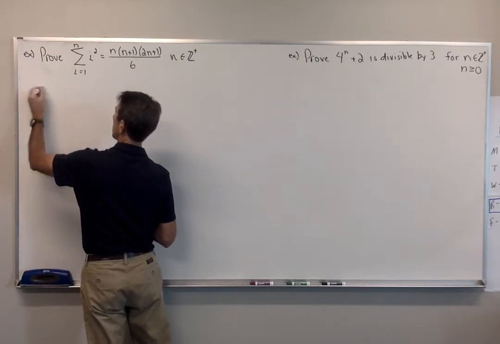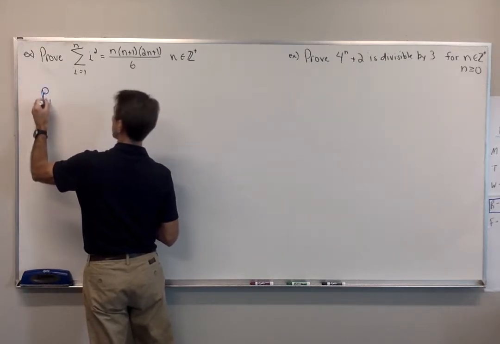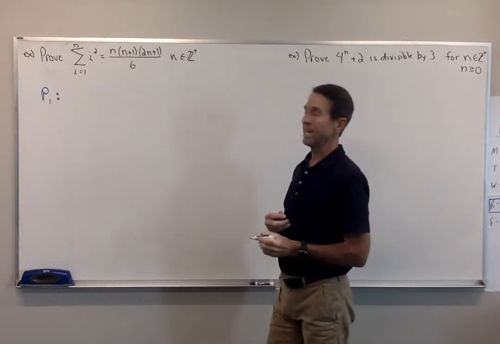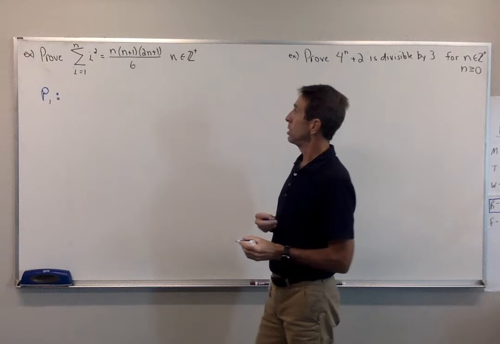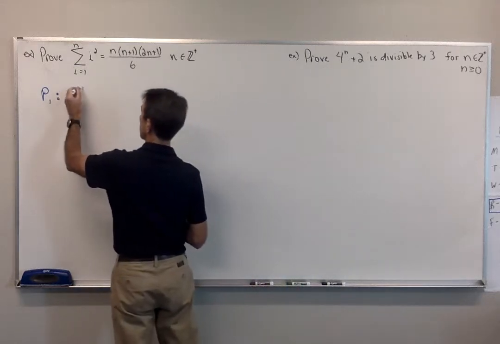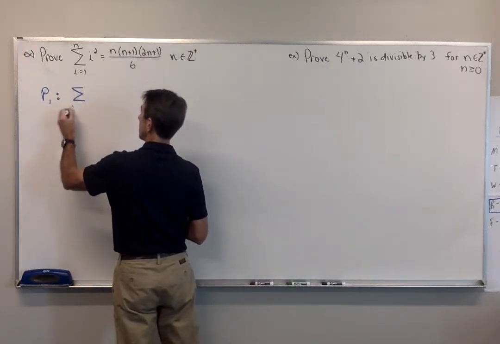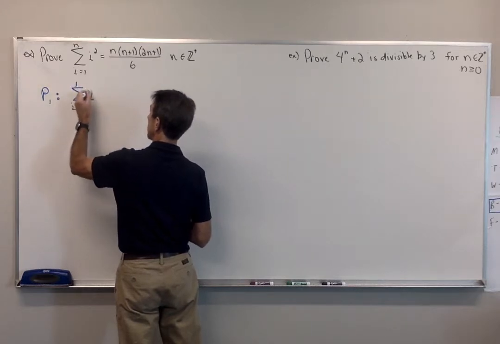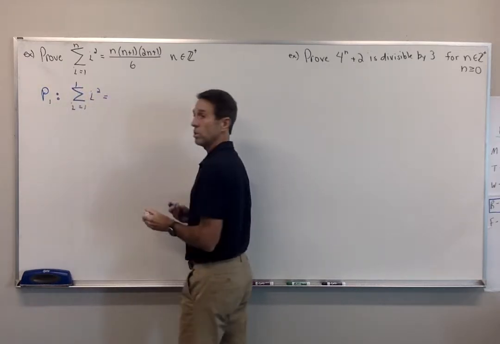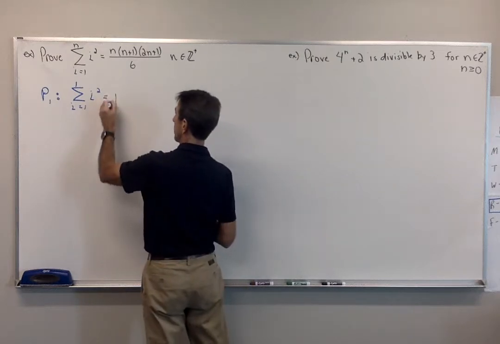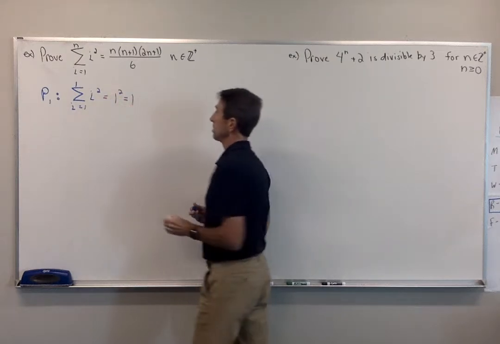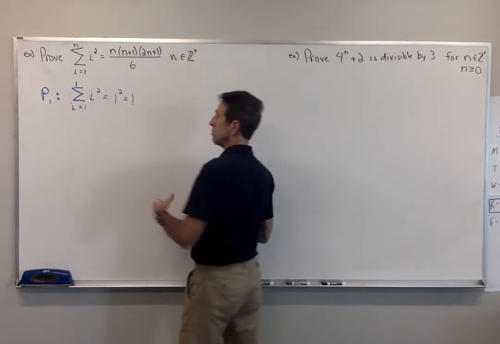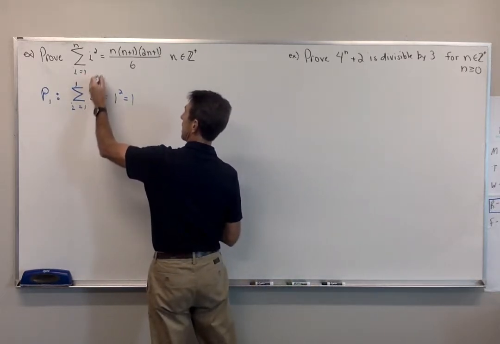So to start the principle of mathematical induction, I'm going to call it P sub 1. In other words, I'm going to let n be 1. When we do that, we consider the sum from 1 to 1 of i squared. Of course, that's going to be 1 squared, or 1. There's not much calculation there. Sometimes people would call this the left-hand side.